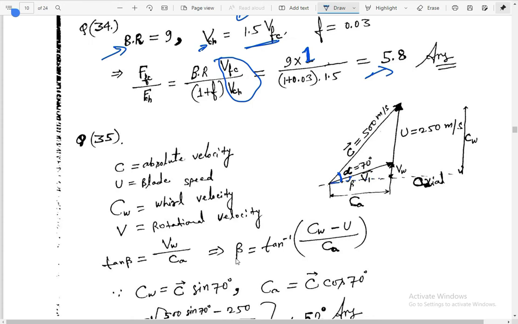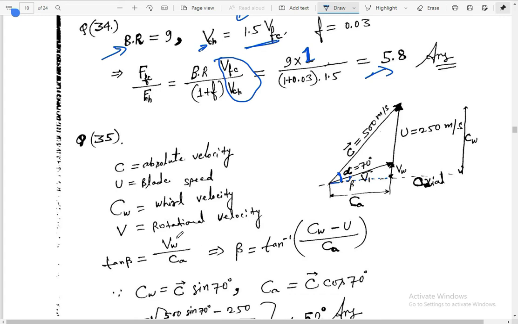So u is given, c is given, ca, the axial velocity, is not given, and cw is the whirl velocity.